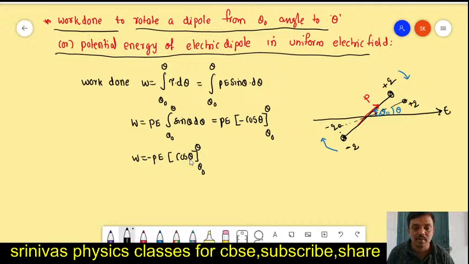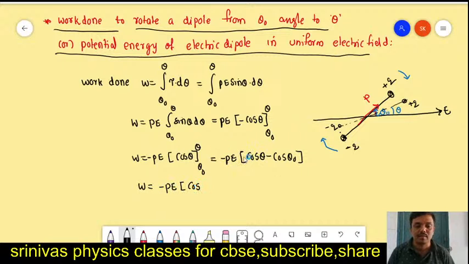First, substitute the upper limit in place of theta: minus P E into cos theta. Minus, in place of theta, the lower limit: cos theta naught. Then work done we will get as minus P E into cos theta minus cos theta naught.